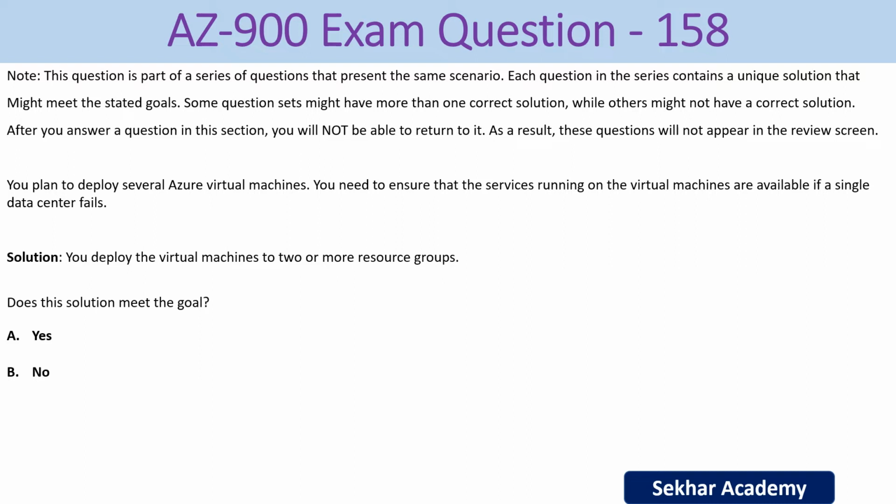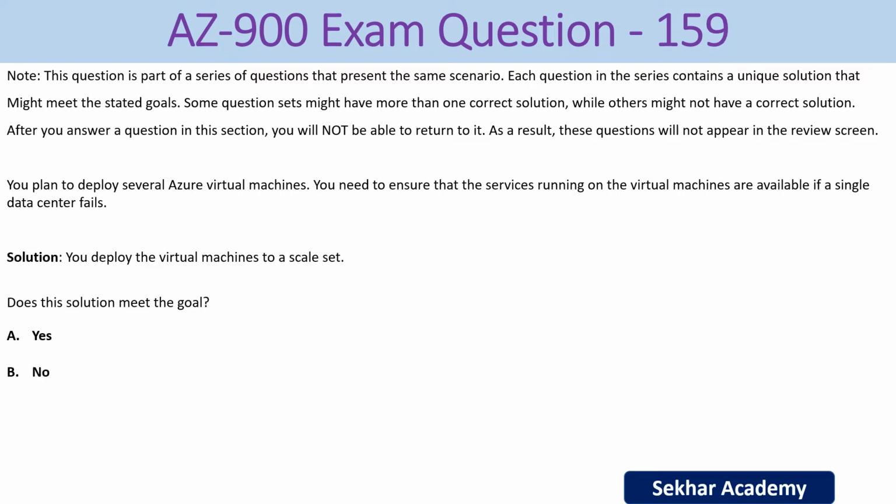Even if they are in another resource group, if the data center itself fails, whatever resources or resource groups are available in that data center will be lost. So this will not meet the goal. The right answer is option B, no.